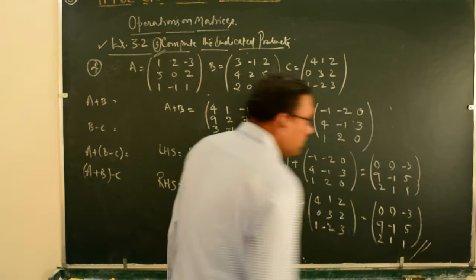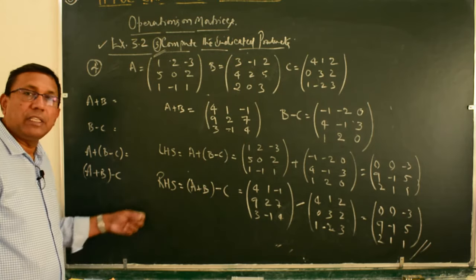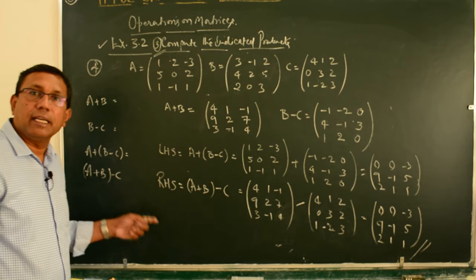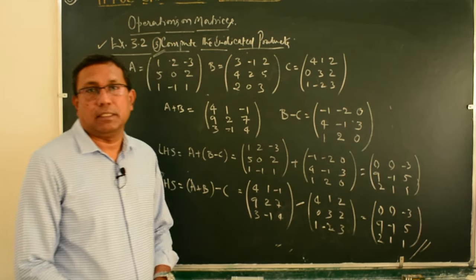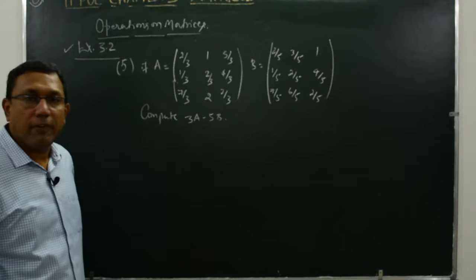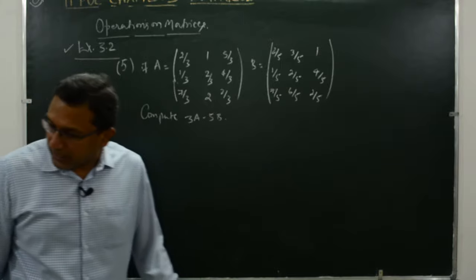So, going through this, it is very clear we are proving the associative law and it is actually LHS is equal to RHS. Let us find what is there in the fifth problem of our exercise 3.2.